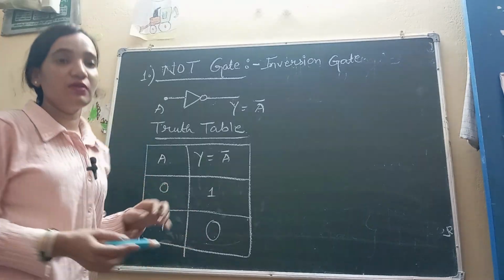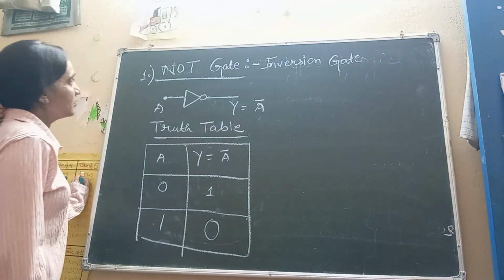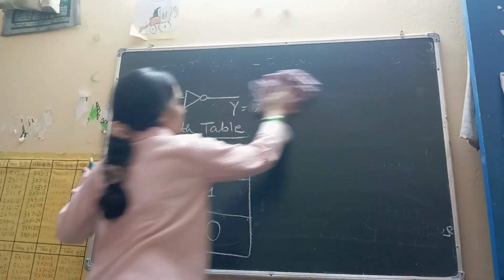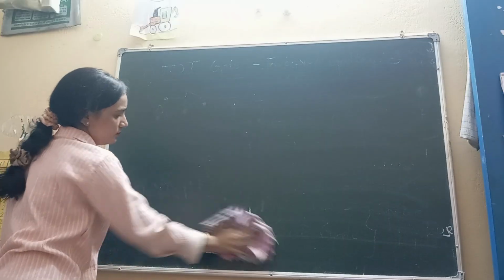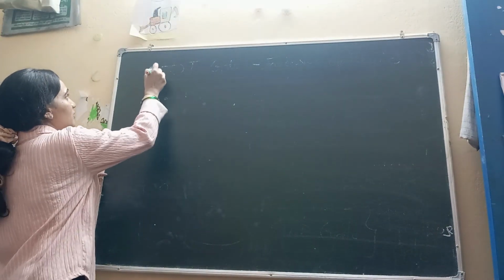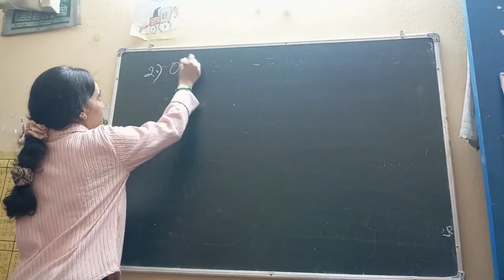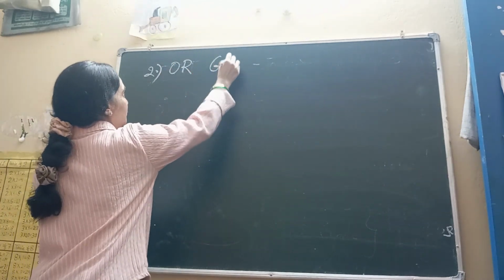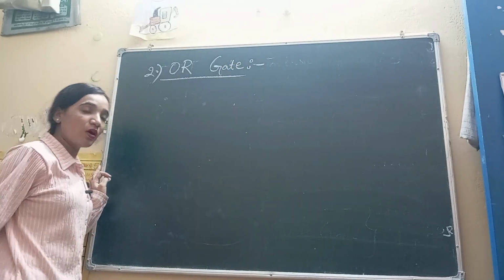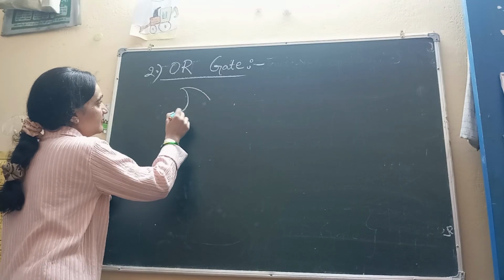Now come to the next. Number 2 is the OR gate. The OR gate is represented like this.